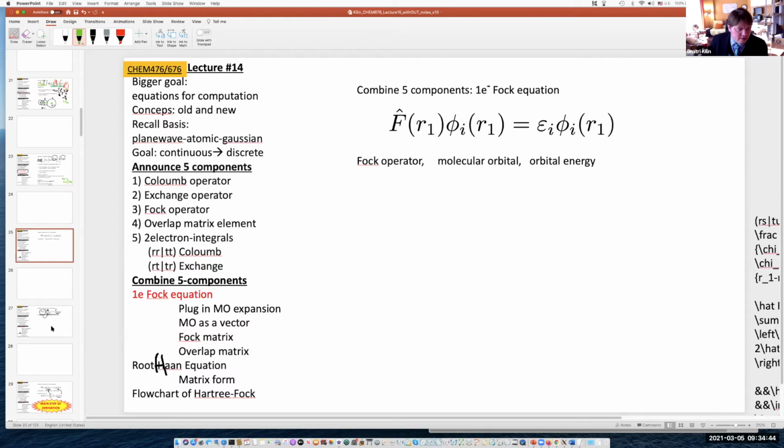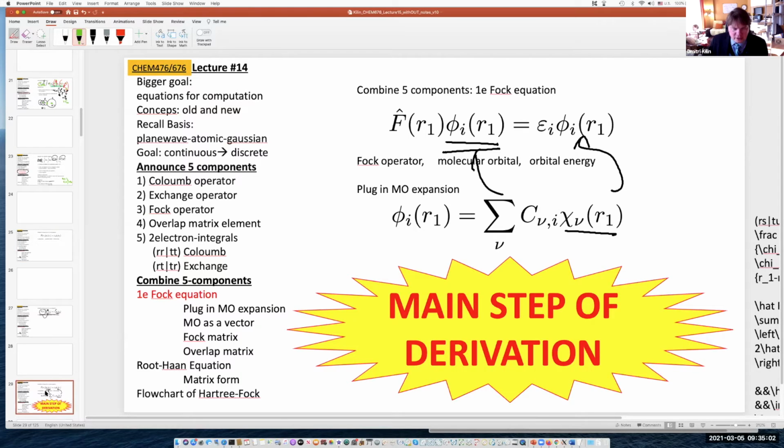Okay. So we do need to solve this one-electron Fock equation. We need to convert it into the basis of atomic orbitals. And here is the main technical slide for today.